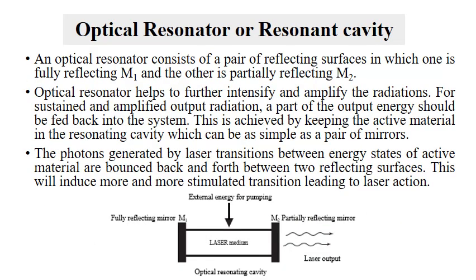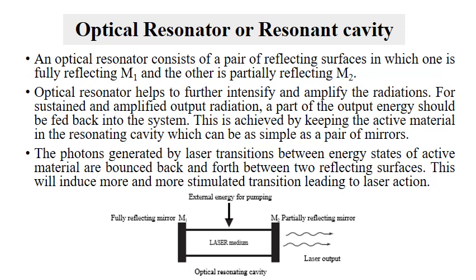Optical resonator or resonant cavity. An optical resonator consists of a pair of reflecting surfaces in which one is fully reflecting, M1, and the other is partially reflecting, M2. Optical resonator helps to further intensify and amplify the radiations. For sustained and amplified output radiation, a part of the output energy should be fed back into the system.